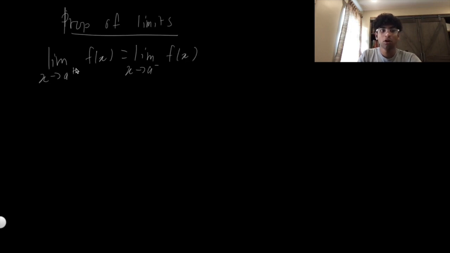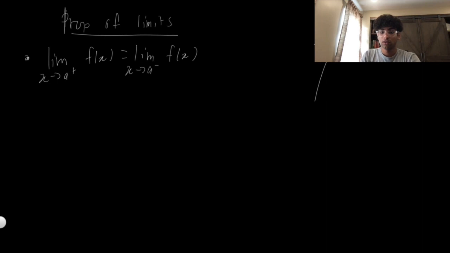So one property of a limit is that the limit as x approaches a from the right side of f of x is going to be equal to the limit as x approaches a from the left side of f of x. All this is saying is that the limit as x approaches a number from the right side of a function has to equal the limit as x approaches that same value but from the left side.